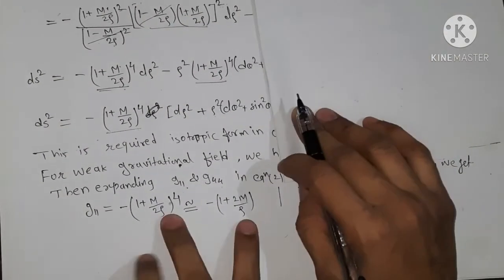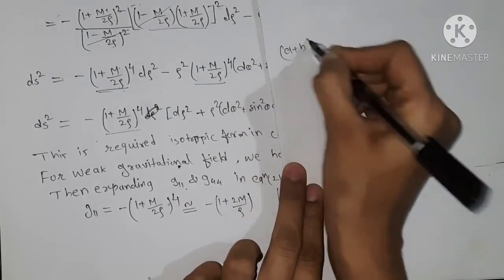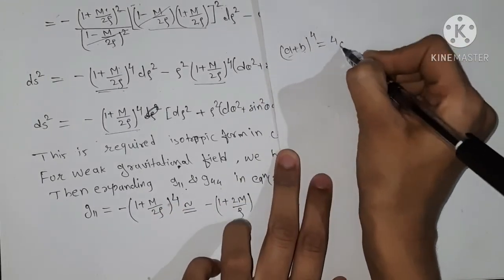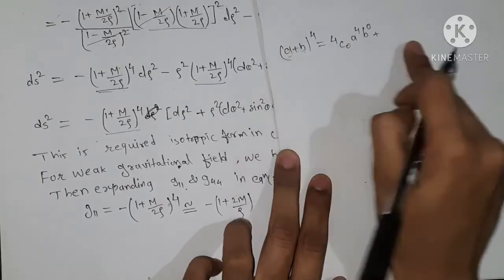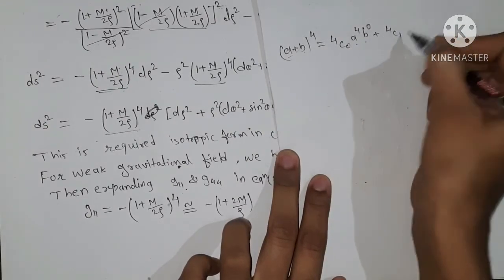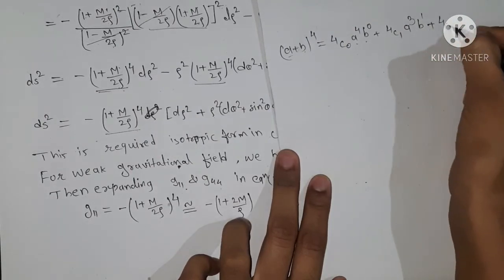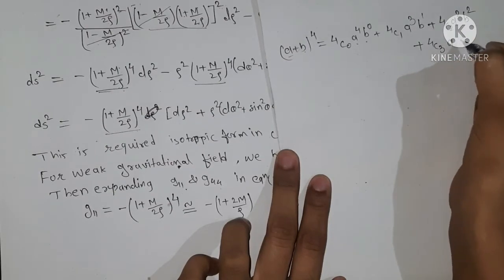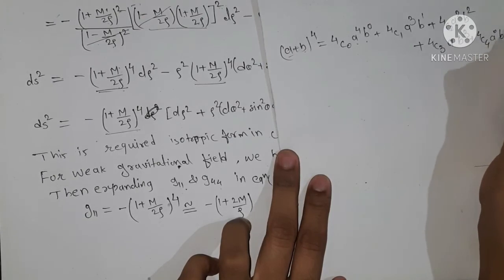so from the binomial expansion, for (a + b) to the power 4, we write it as 4C0 a⁴ b⁰ + 4C1 a³ b¹ + 4C2 a² b² + 4C3 a b³ + 4C4 a⁰ b⁴.